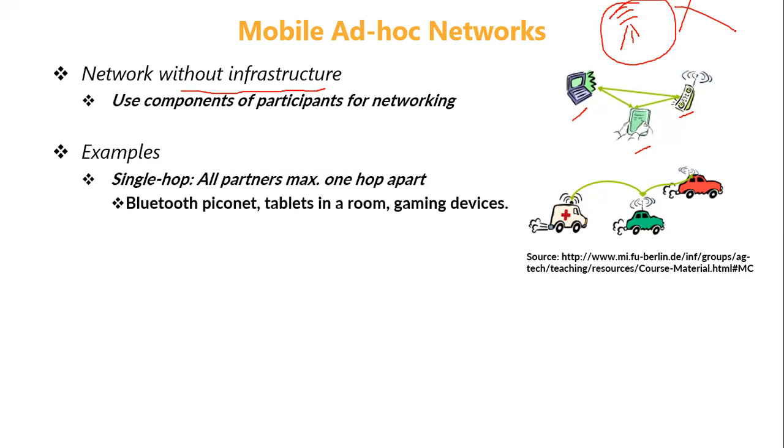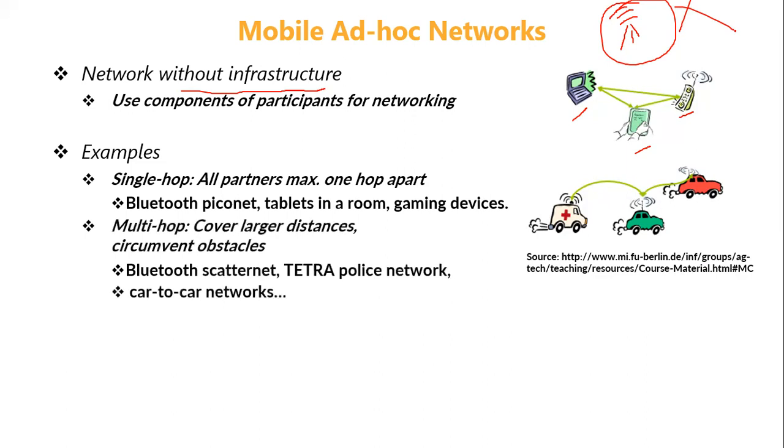Some examples of ad hoc networks: nowadays we have Bluetooth where up to 8 devices can be connected, or tablets in a room can be connected, or some gaming devices can be connected. But even though these are small examples of ad hoc networks, the coverage of these devices is very less.